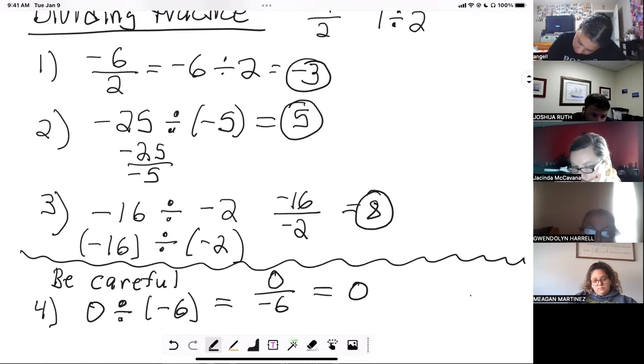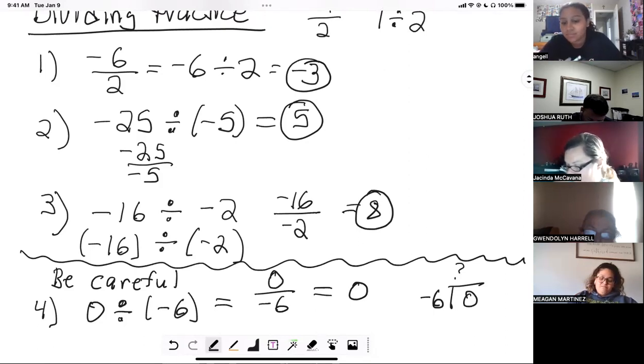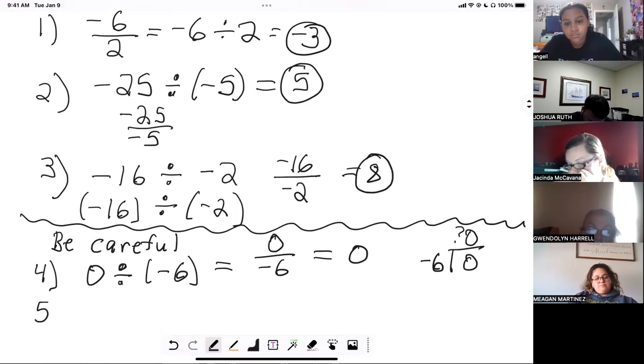And if you want to remember it, this is how I always like to show it. What number times -6 is going to give you 0? Well, the only number it can be is 0. 0 times anything is 0. The answer is 0. But be really careful of this.